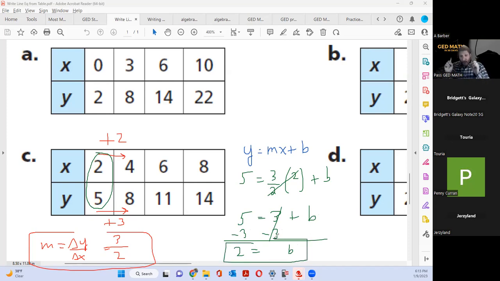Remember, y equals mx plus b. M stands for my slope. B stands for my y-intercept. If I know the slope is 3/2, I know my b is 2. My y-intercept is 2. What's going to be my equation of the line?